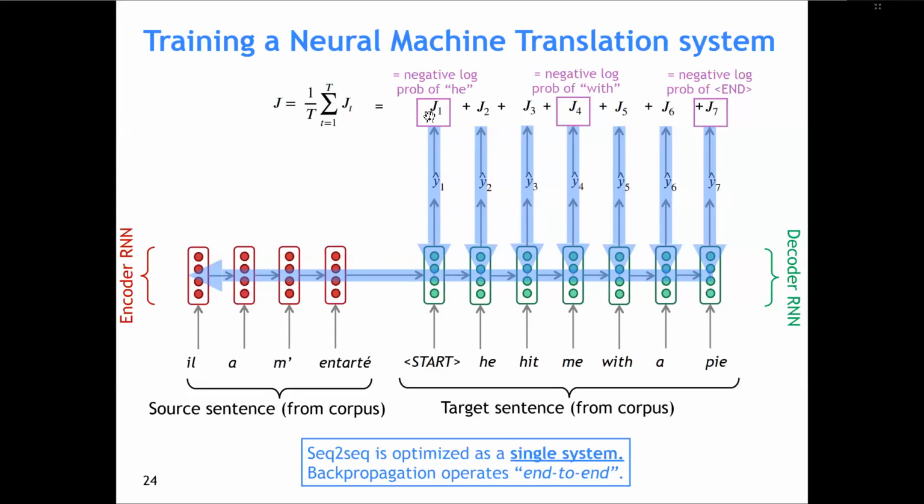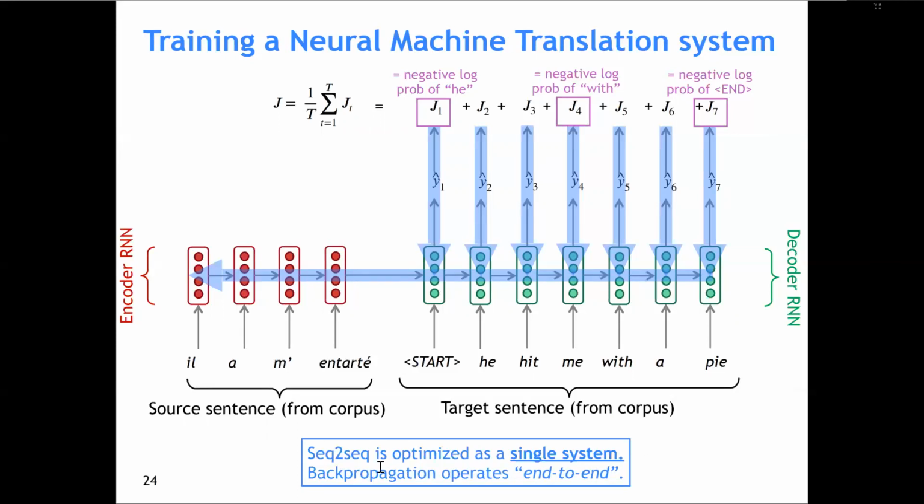The output is a vector of 1,000 probabilities, so some words get higher probability and some words get smaller probability. The correct word here should be "he," so you grab the probability of "he" from your prediction and take the negative log probability of that. If "he" gets a probability of 1, then this will be 0, so you basically want to minimize this objective because it takes a negative.